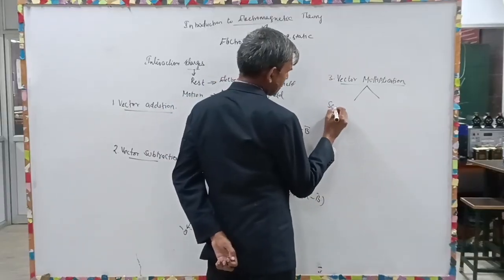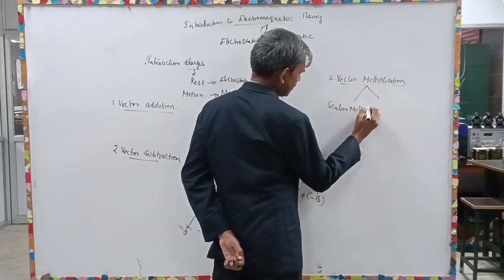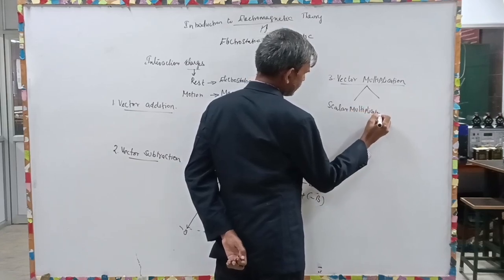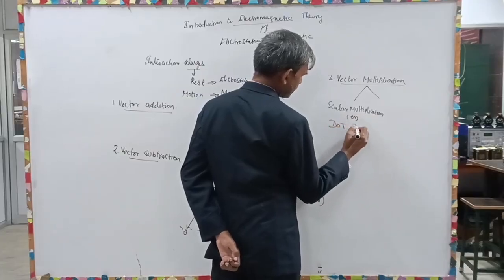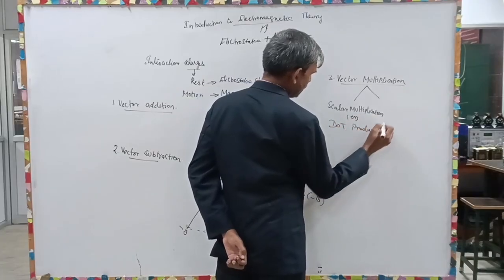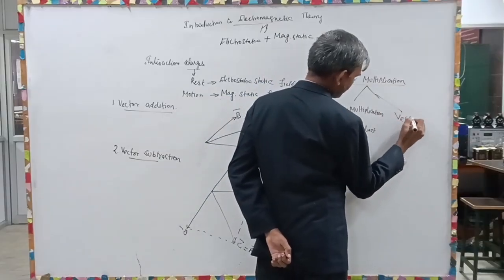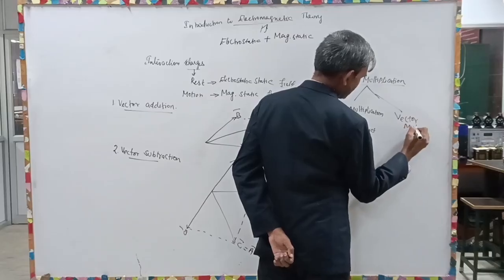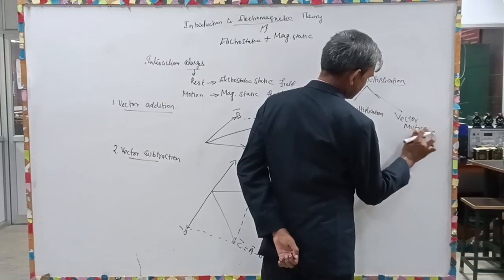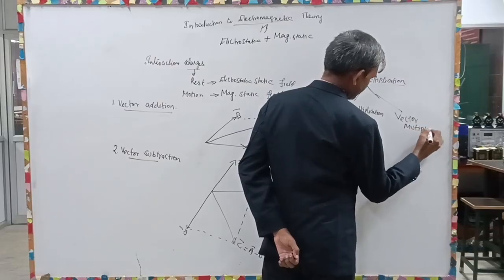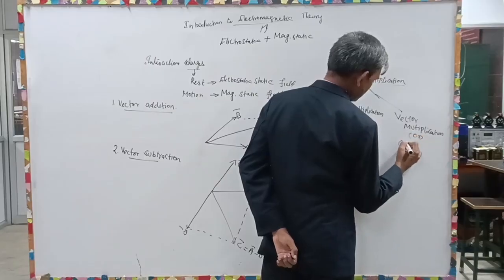One is scalar multiplication, and the second one is vector multiplication, or cross product.